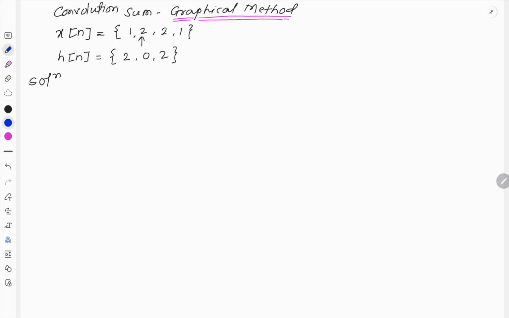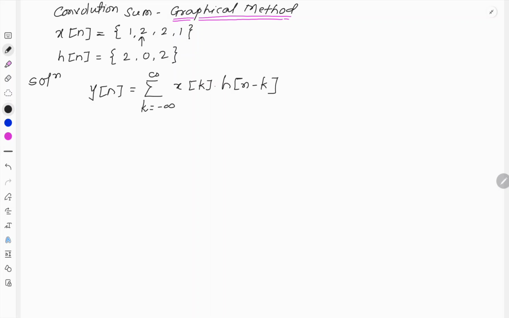Now we are going to solve it using the graphical method. So first of all, let us write the equation for convolution sum, which is y of n equal to summation k equal to minus infinity to plus infinity x of k into h of n minus k.